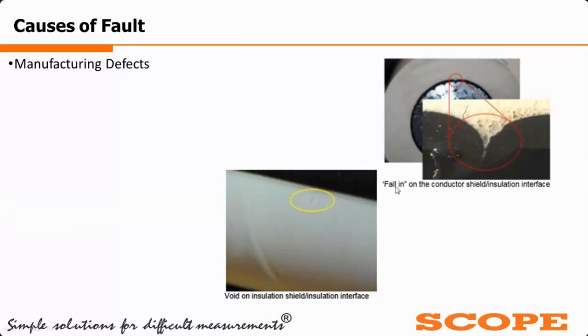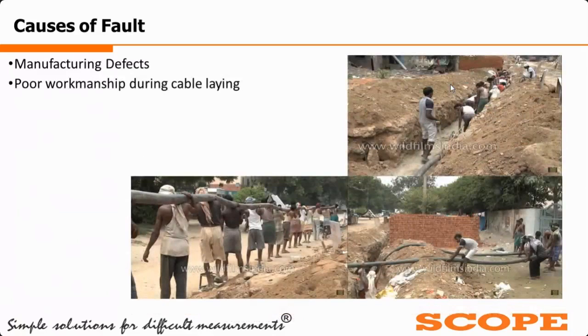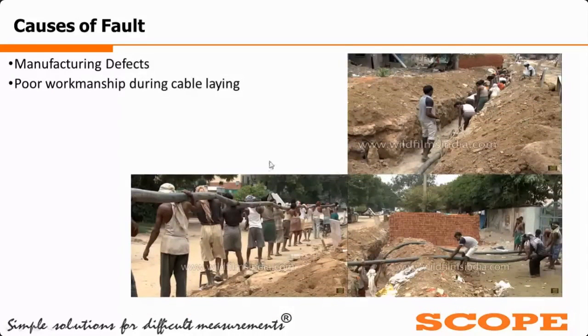Also, mechanical deformities near the conductor shield, these types of manufacturing defects also cause severe faults after a period of time.